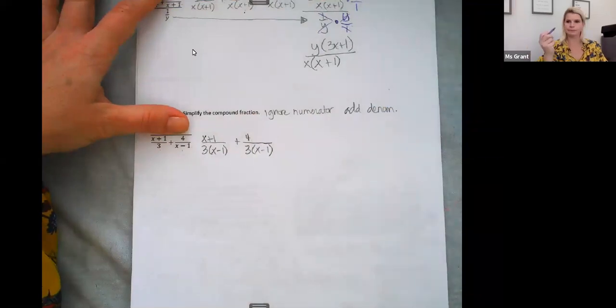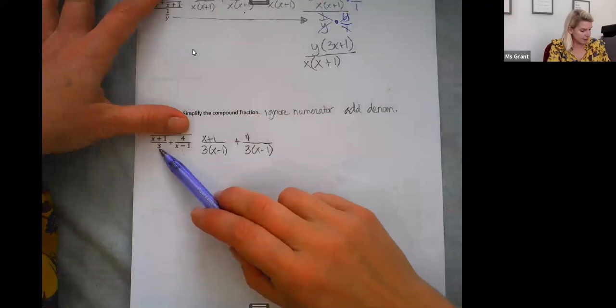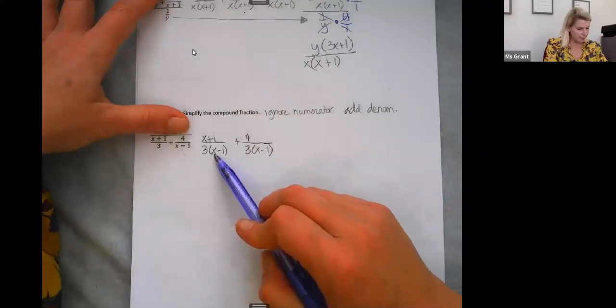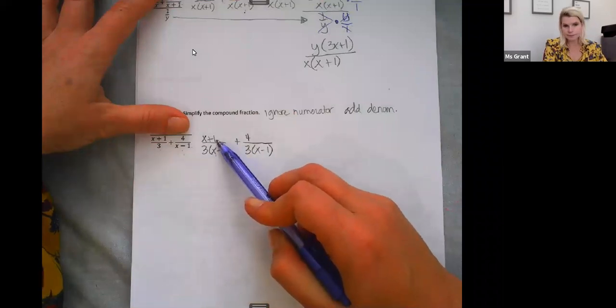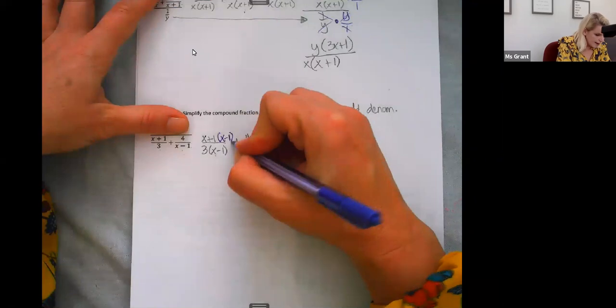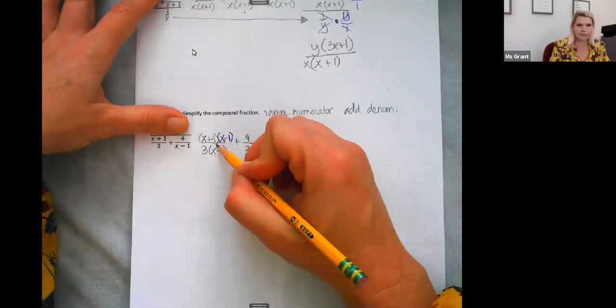So now, in purple, this denominator had a 3. Now it says 3 times x minus 1. What do I multiply the top by? X minus 1. Yay. Ooh, that's a binomial times a binomial, you guys. I better pay attention to that and make sure that I FOIL properly.